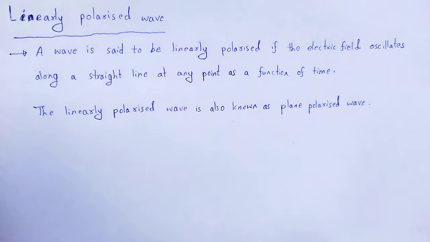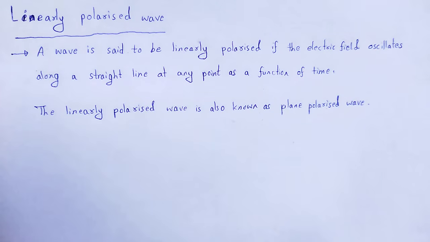The basic feature of a polarized electromagnetic wave is the component of the electric field vector. The orientation of the electric field vector decides whether it is a polarized or unpolarized electromagnetic wave.